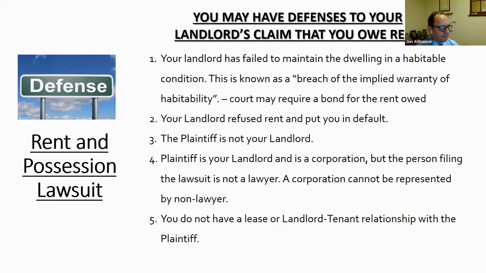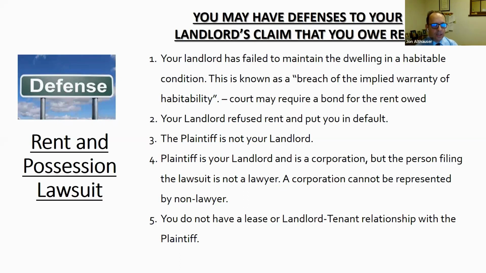As far as the actual defense of implied warranty of habitability, it has to be something that makes it truly uninhabitable, right? It's not going to be something like the screen door is loose. Now, when you withhold the rent and you are still living in the residence, the court could require you to post a bond or put the money into an escrow account for the amount of rent owed.